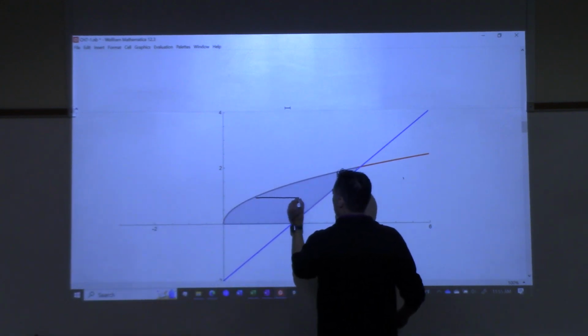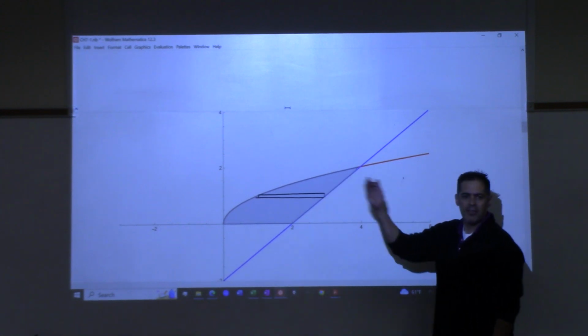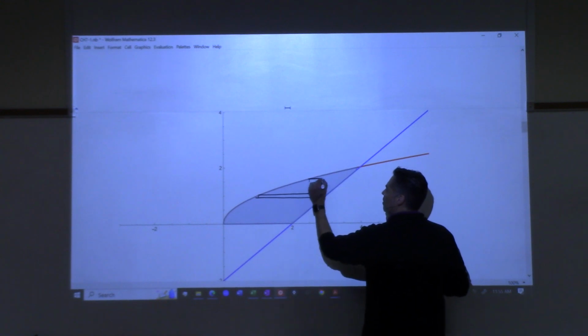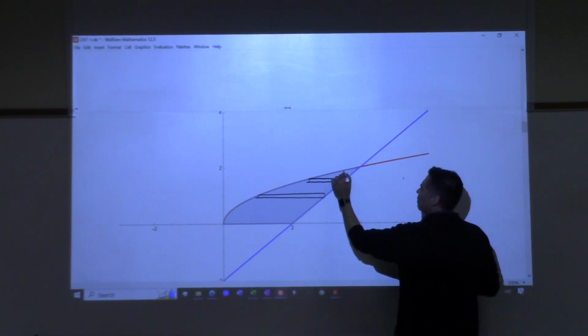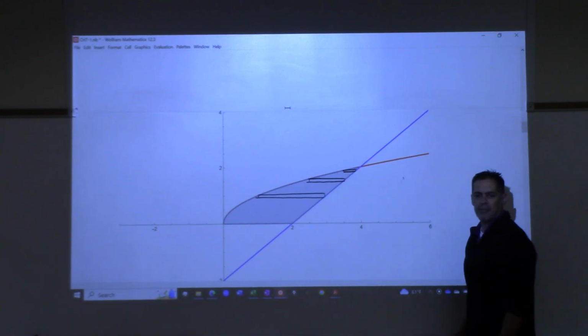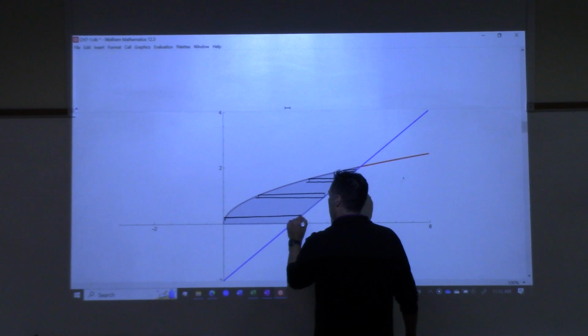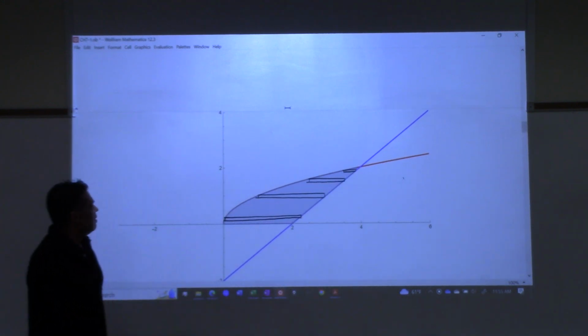If I drew a horizontal rectangle right here, the blue's on the right, the red's on the left, right? It doesn't matter where I draw these. Blue on the right, red on the left. Blue on the right, red on the left. No matter where I go, right? Even down here. So that third, the y equals 0 doesn't matter in this. Yeah, you don't have to consider it, I don't think.